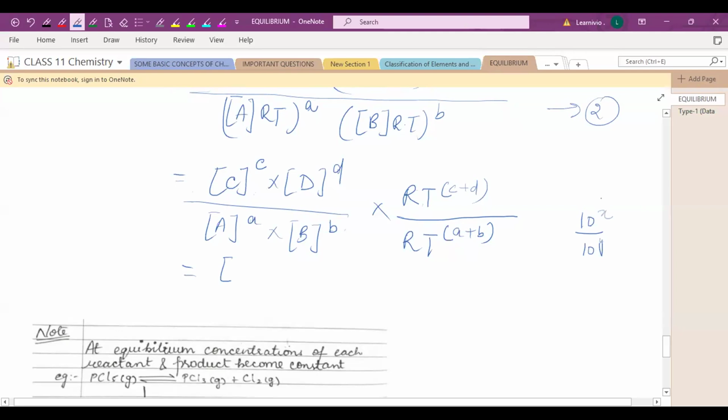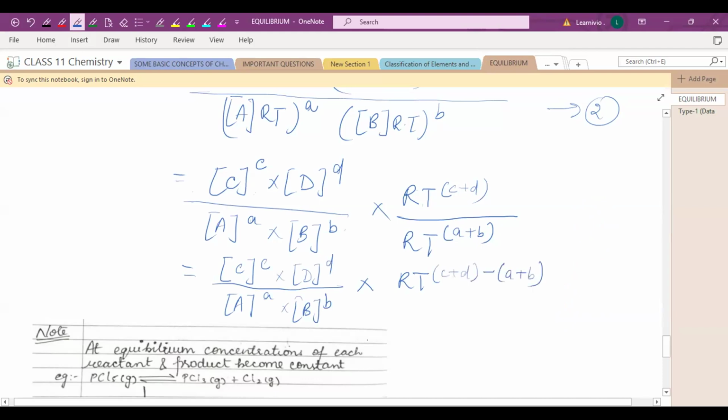So we write 10 and the powers get subtracted, x minus y. We will apply this law of exponents and write this equation this way: concentration of C raised to the power c, multiplied by concentration of D raised to the power d, upon concentration of A raised to the power a, multiplied by concentration of B raised to the power b, multiplied by RT common, raised to the power c plus d minus a plus b.